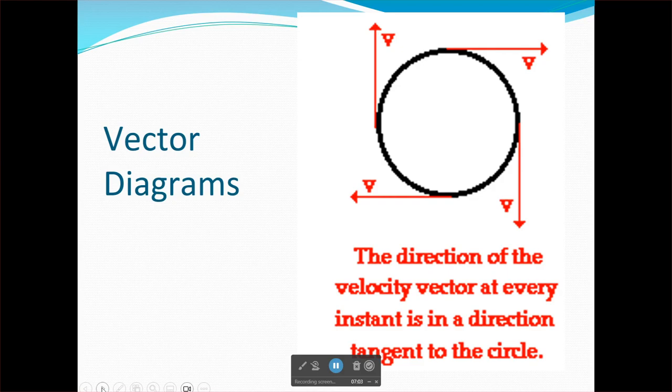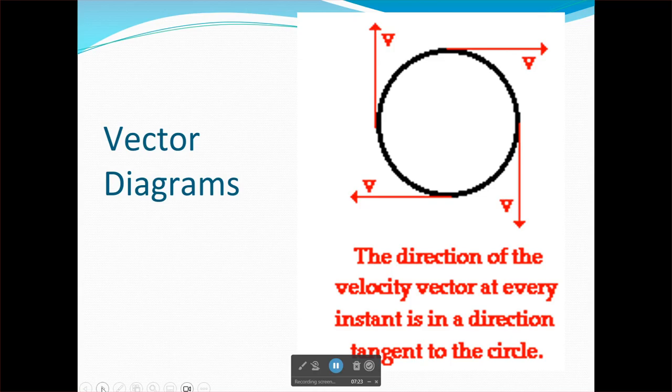All right, so I was talking a little bit about the vector diagram of an object in circular motion. And so, again, you can see all my arrows are the same, but you can tell the angles are changing, right? And if you look at it, it's kind of pointing north, south, east, and west.